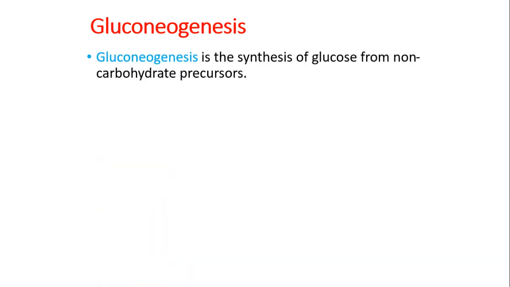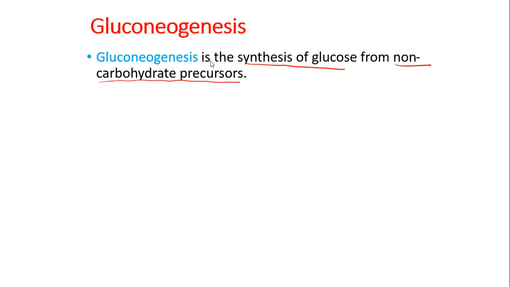As a result, the body would detect the low concentration of glucose, and it will now depend on the process of gluconeogenesis for it to have a source of glucose. So what is really gluconeogenesis? Gluconeogenesis is just the process that involves the synthesis of glucose from non-carbohydrate precursors.